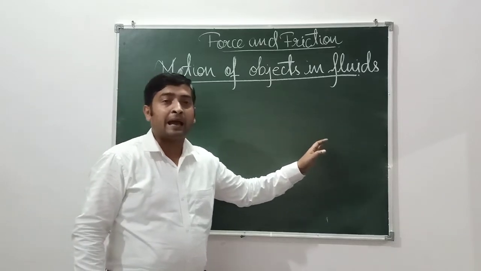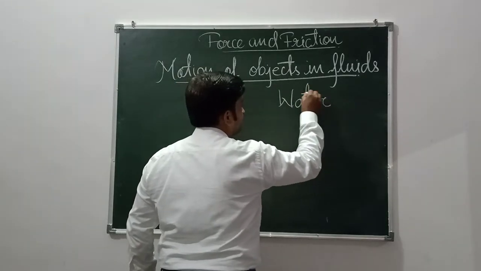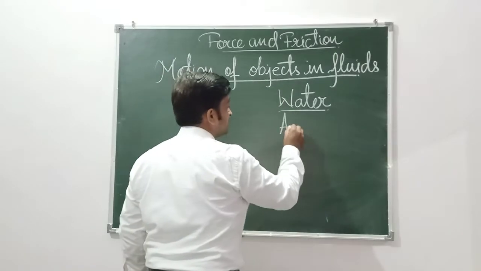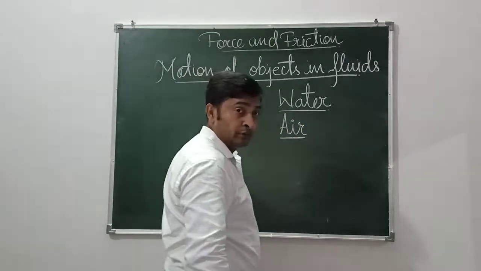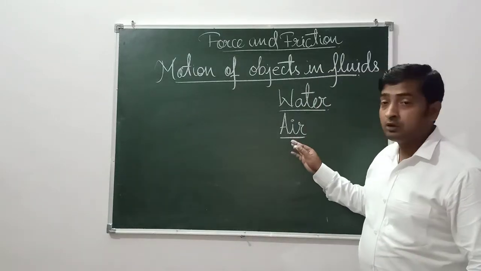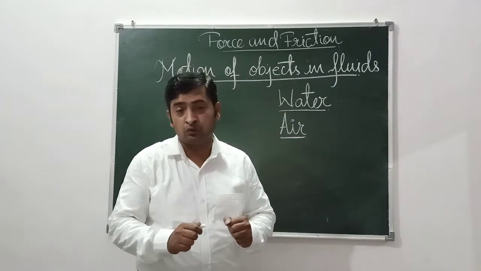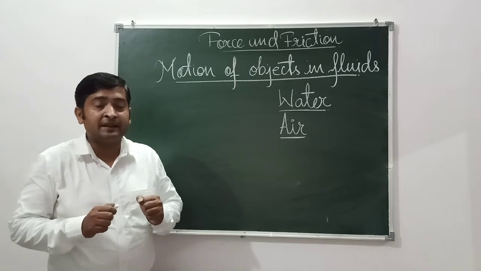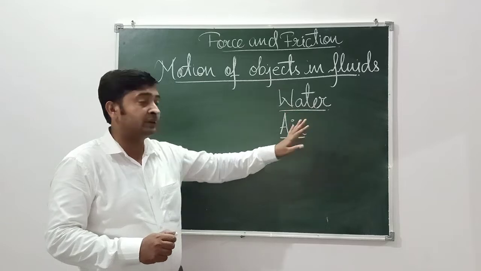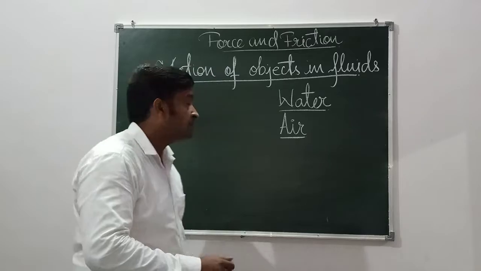Liquid does not only mean water, no. We can also consider air as a fluid, because air also acts like a fluid. Whenever any object is moving inside water or air, it experiences a resistance in its flow. The object is unable to move very fast in fluids, that is water and air. It is because of that resistance, which is known as drag.